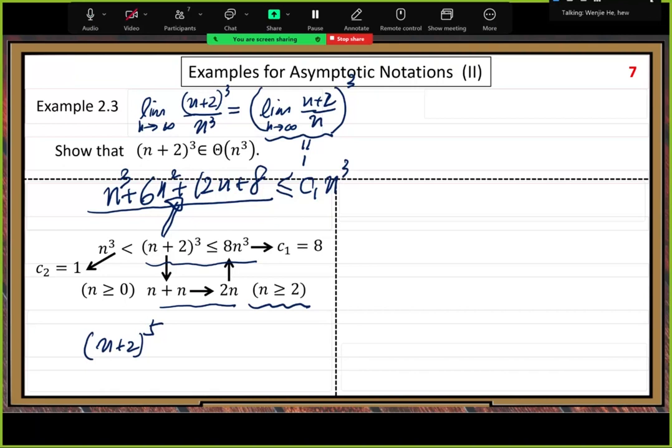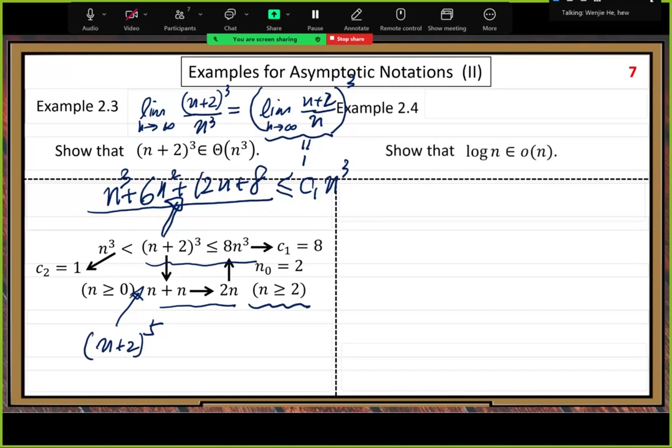If you do expansion, it is even more complicated and much harder. You don't need to do the expansion. With the 5th power, you can still use this way, and it is much easier. So that's the right way to do it.